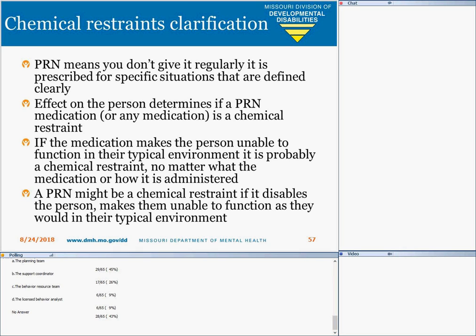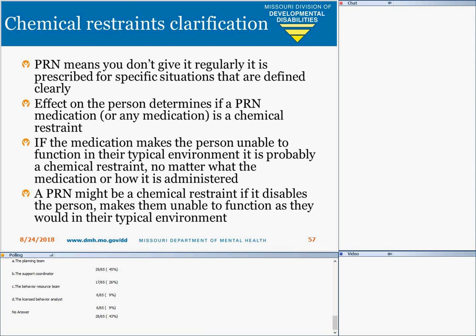But you're not giving it regularly. It's not part of their daily medication, it's just for specific situations. And these need to be clearly defined, especially when we have support staff that are responsible for identifying that the person needs this medication. We need to clearly specify for them when those situations are.